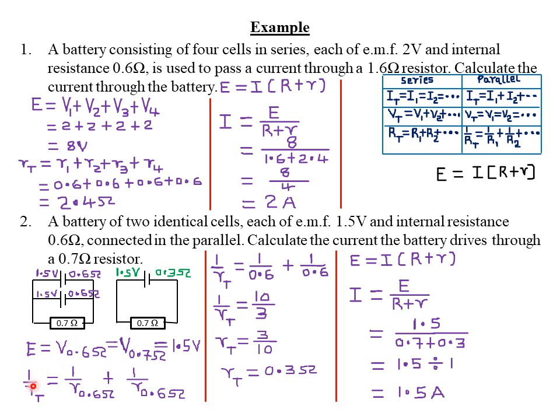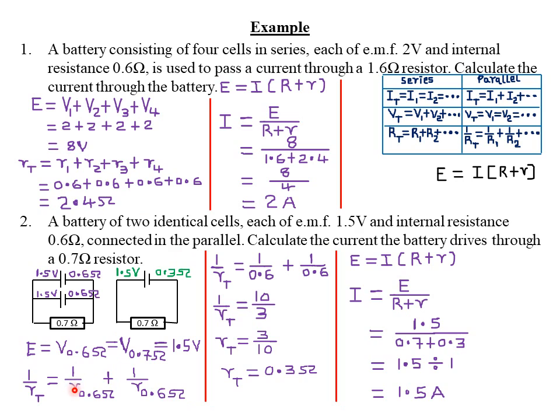Therefore, to find the total internal resistance for the parallel connection, 1 over R total must be equal to 1 over the internal resistance of the 0.6 ohm cell plus 1 over the 0.6 ohm of the other cell. Remember, we are told there are two identical cells.